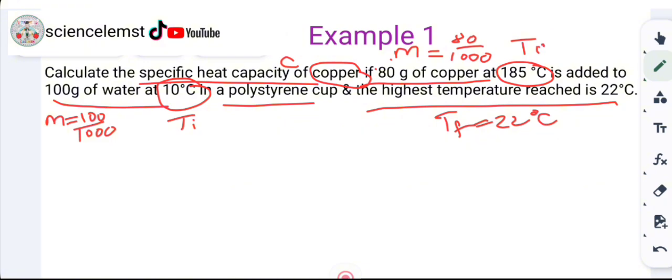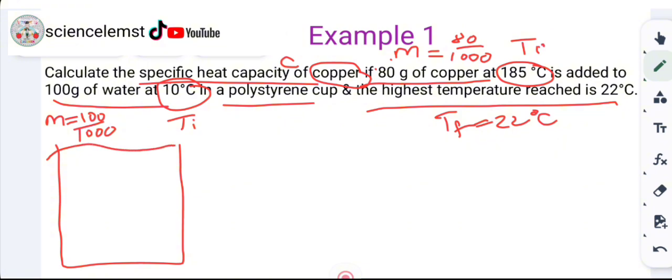Okay, I collected the information, so I'm going to make sense of it. I have a polystyrene cup. It has water inside of it. And inside the water, I'm going to add a copper ball.